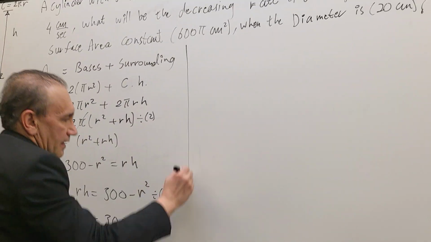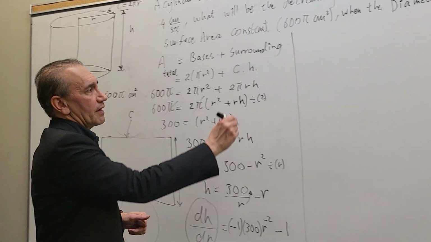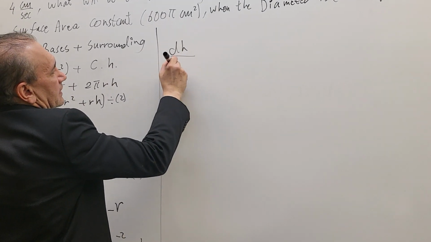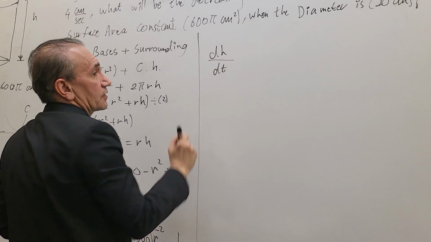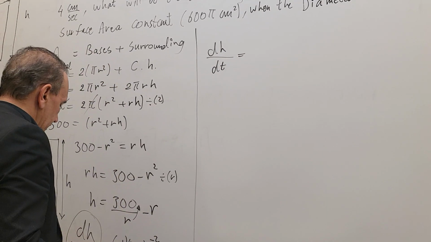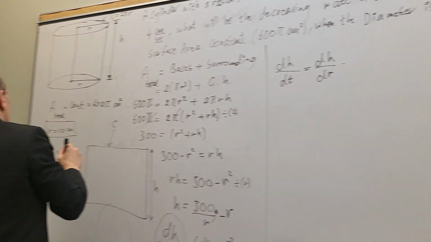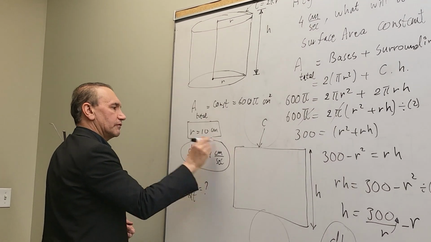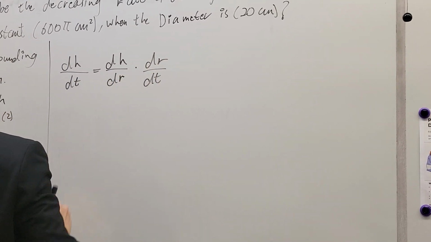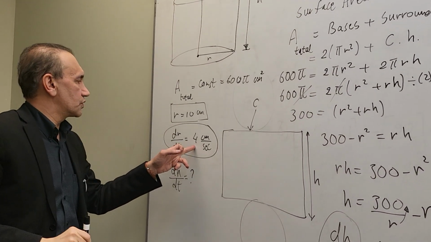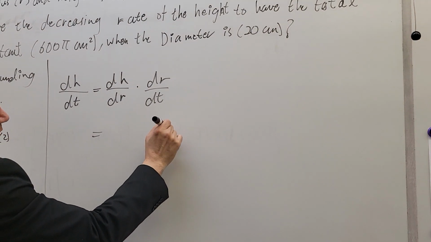Now, to find dh over dt, the rate of change of the height with respect to time, I can rewrite it as dh over dr times dr over dt. dr over dt is 4 centimeters per second, so I am going to substitute 4 in here.